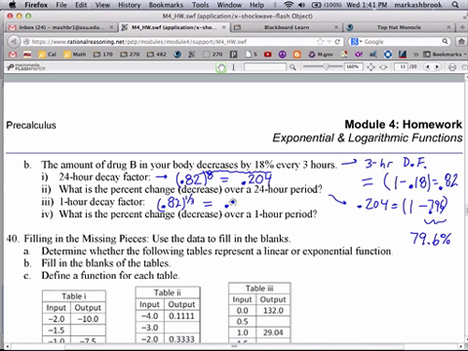What is it? 0.935. So every hour, are we keeping or losing 93.5%? Keeping 93.5%, therefore, we're losing what we would need to get up to 1, which is 0.065. What percent is that? 6.5%.